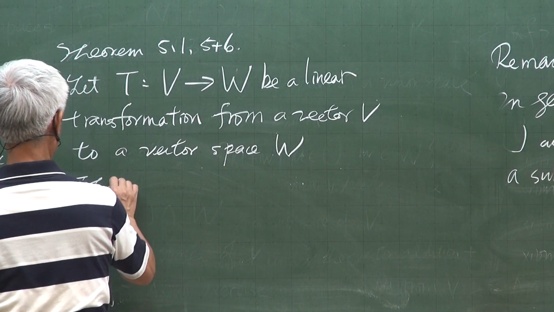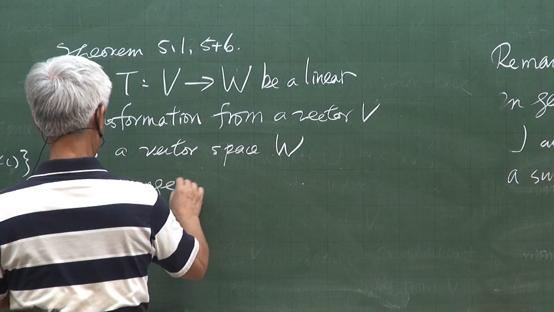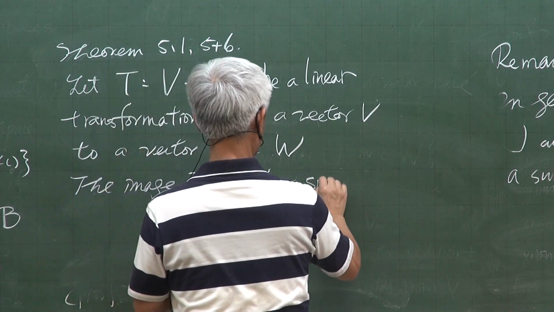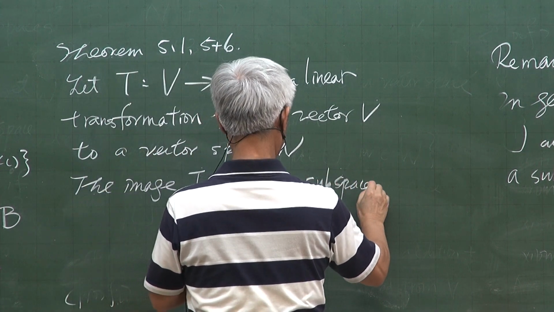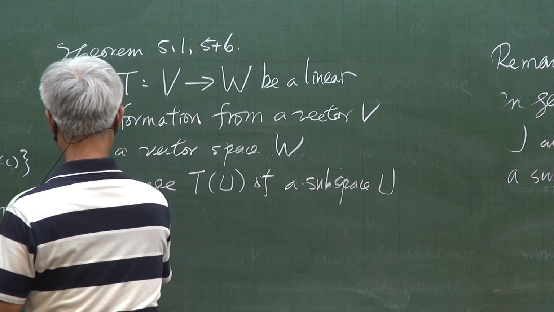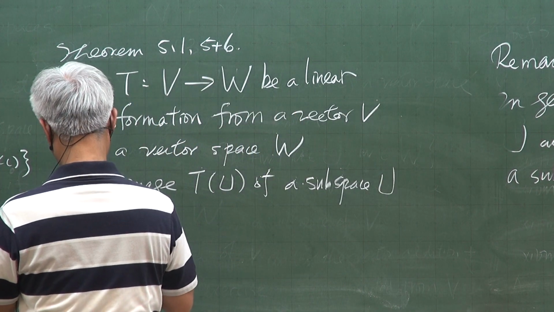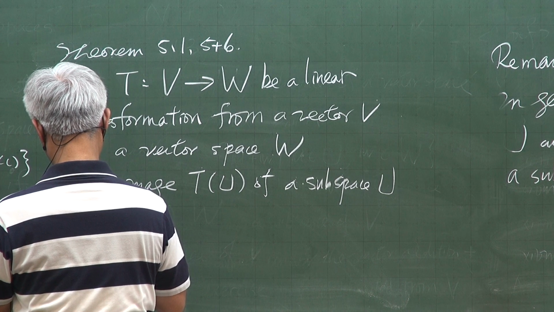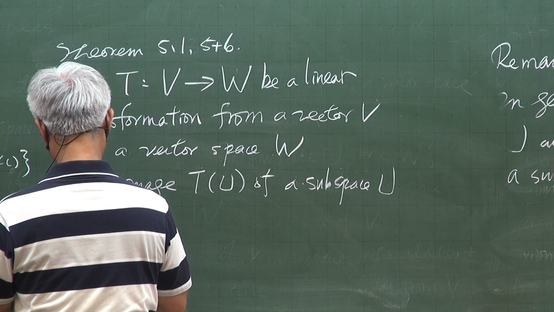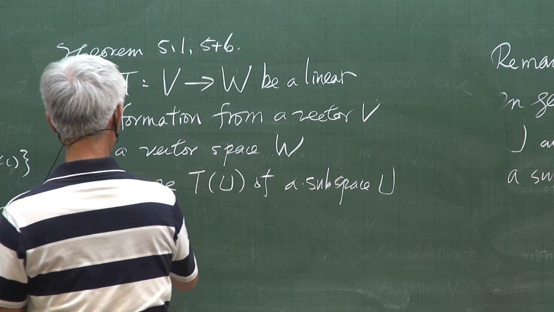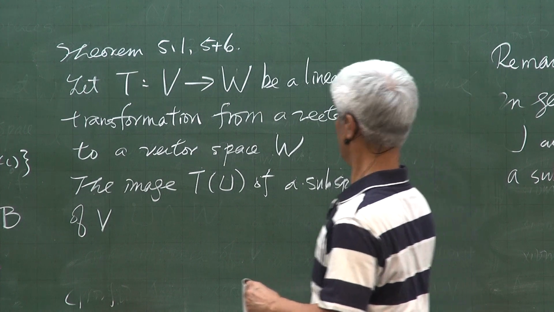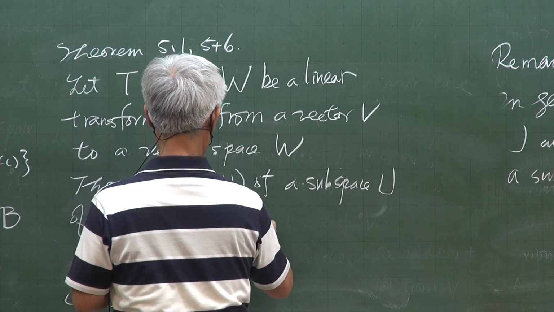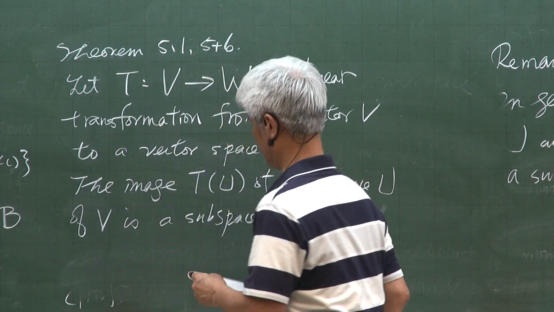The image T of U of a subspace U of V is a subspace of W, the codomain.